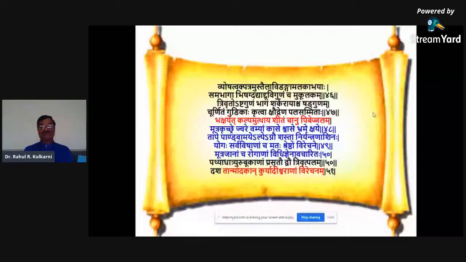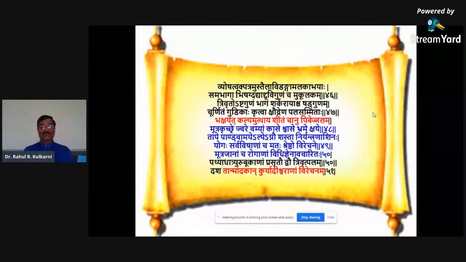In all the types of vishas, this Virechana is the Shreshta. Mutra Janam cha Roganam Viditnenan Avacharet. After saying earlier Mutrakruchra is mentioned, again he says Mutrajanam cha Roganam, meaning all the vikaras related with Mutravaha Srotas. In those rogas, this Avaleha mentioned here is very effective.